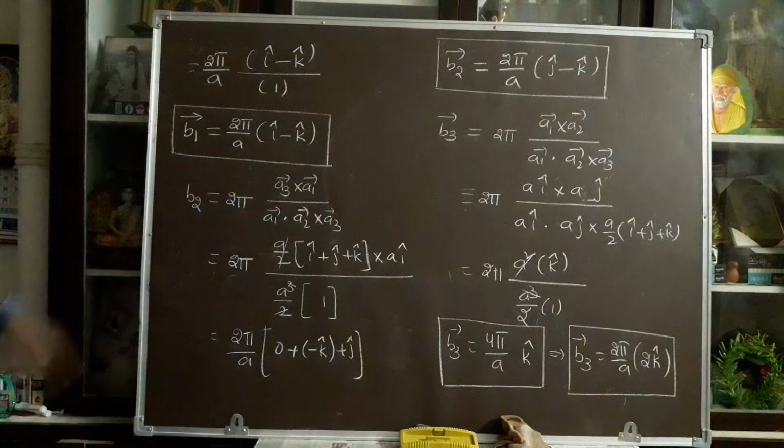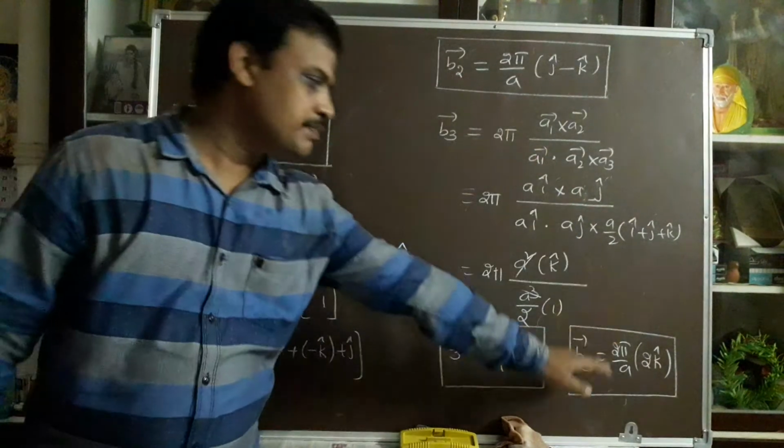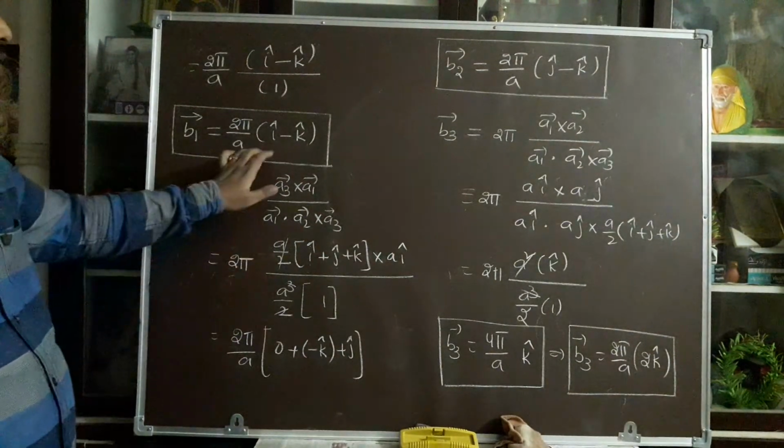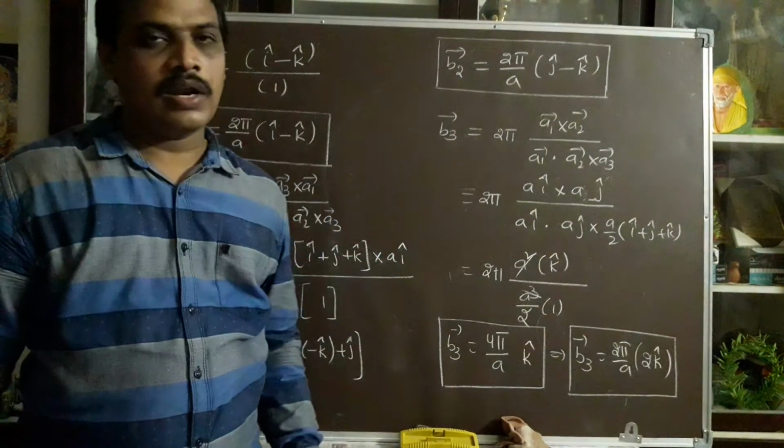This is B1 reciprocal lattice, B2 reciprocal lattice, B3 reciprocal lattice. So according to our notation, these values are the reciprocal lattice.